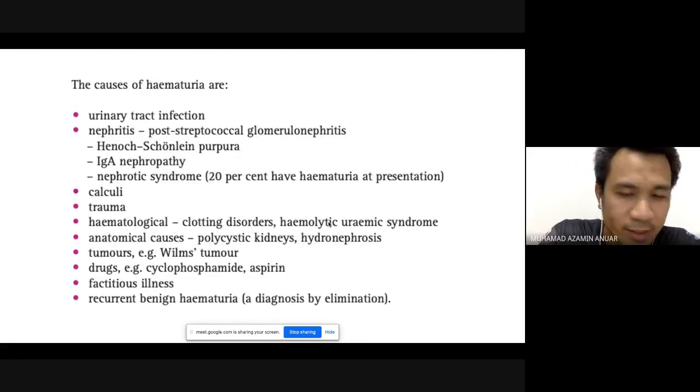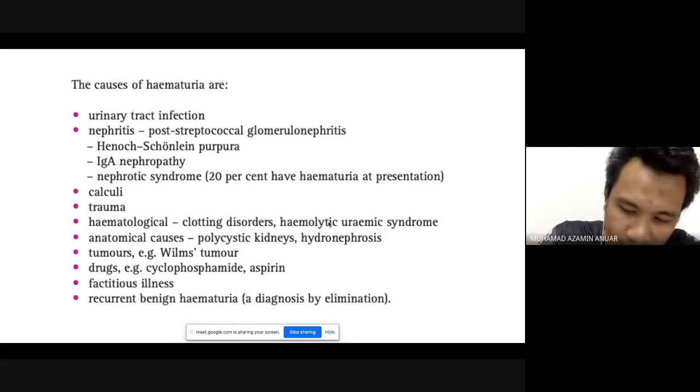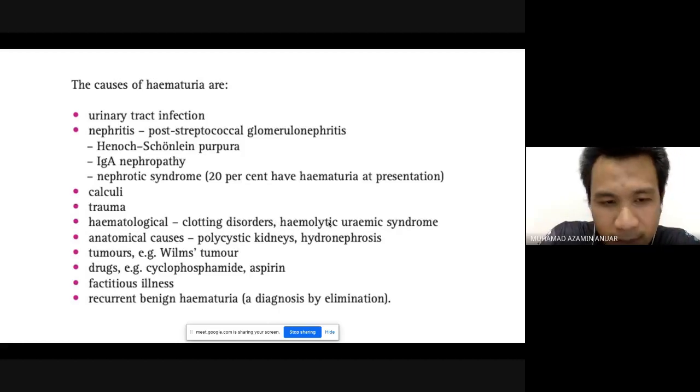Okay, so this is the list of differential diagnosis: UTI, nephritis, which is this case, calculi, trauma, hematological problems, anatomical causes or malformations, tumors, medications, factitious illness. So this is one of the things where people make up the illness to get attention.